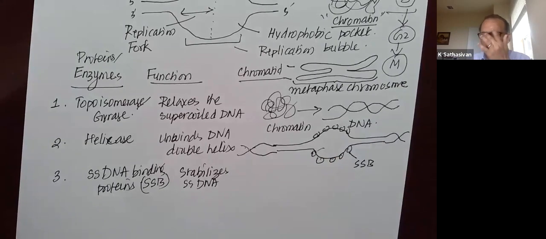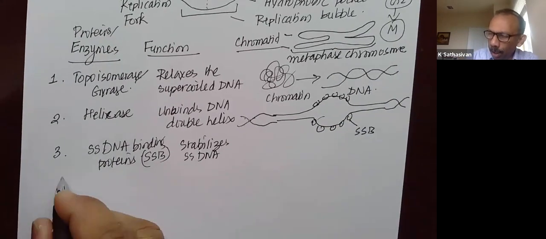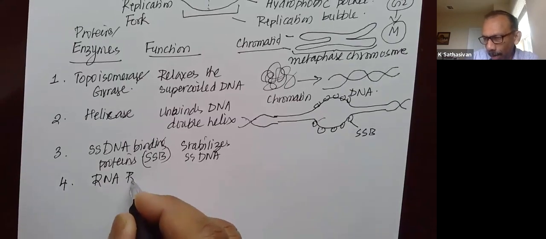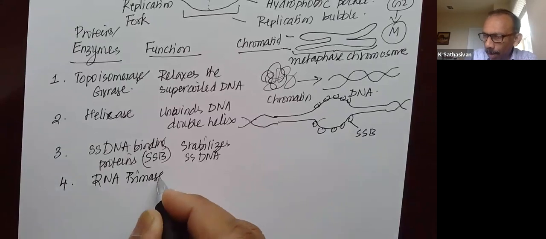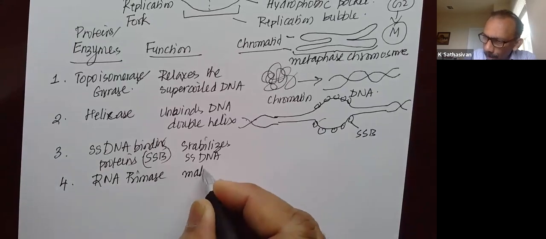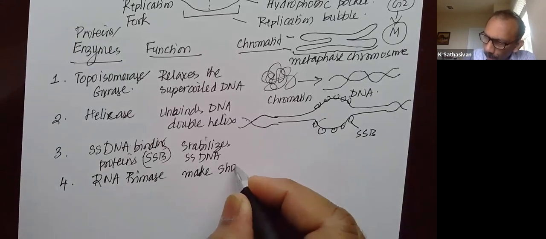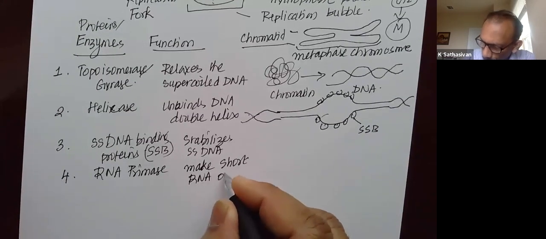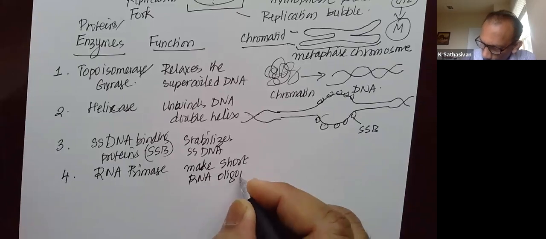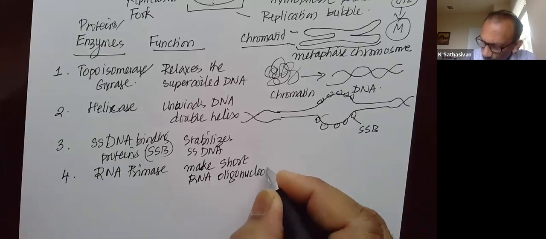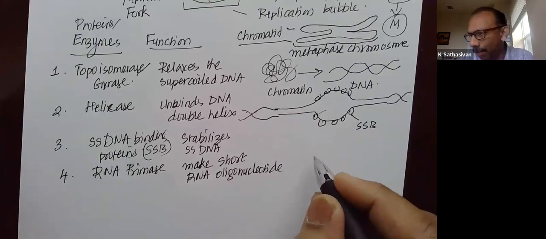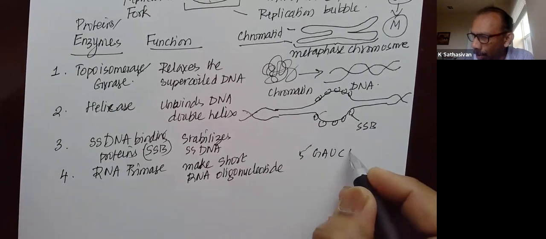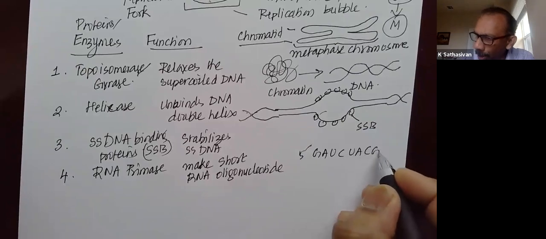So now we are to look at the primers, which are made by RNA primase. They make a short RNA oligonucleotide. So this is a short strand of oligonucleotide. How it looks is a 5' G, A, U, C, U, A, C, G, U, like that.